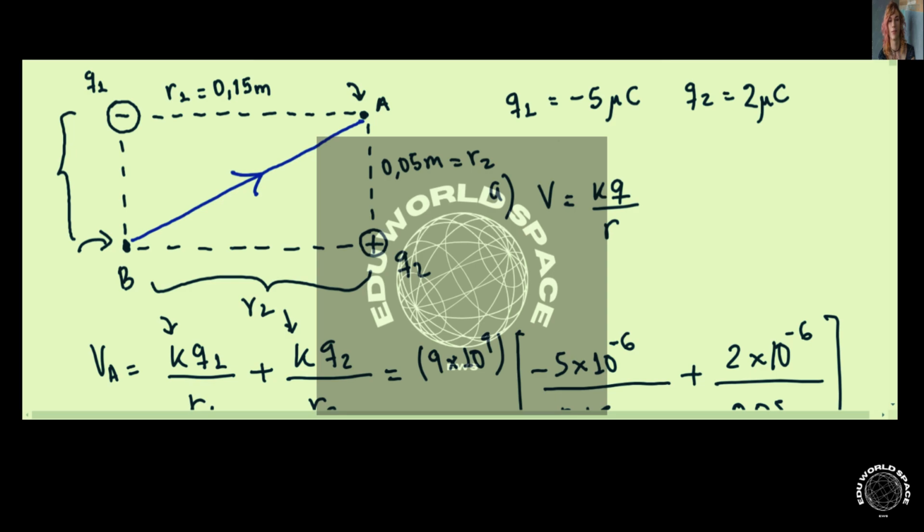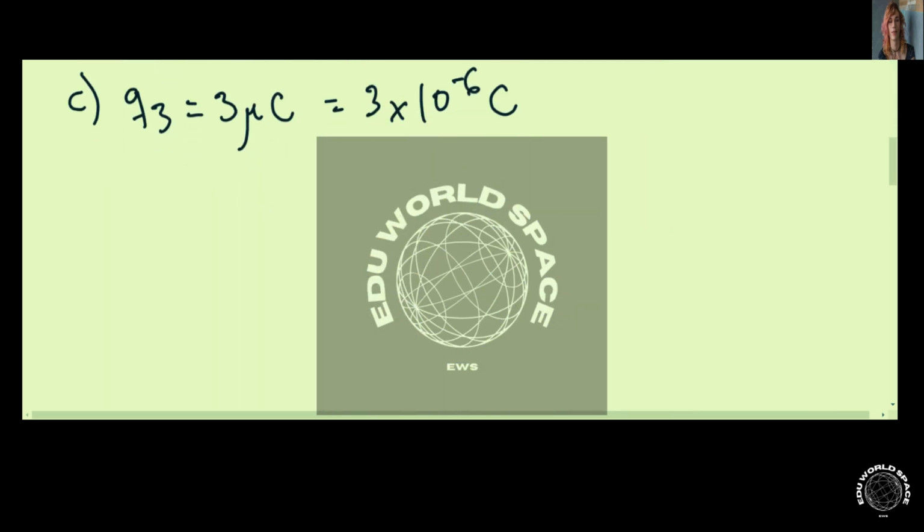To do this, we are going to use the fact that the work done for a system is the change in potential energy. So we will have the final potential energy minus the initial potential energy.